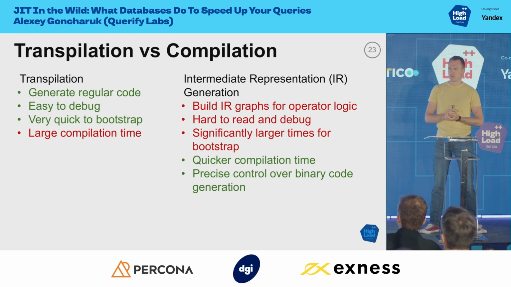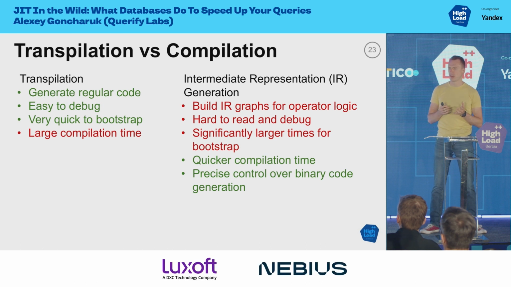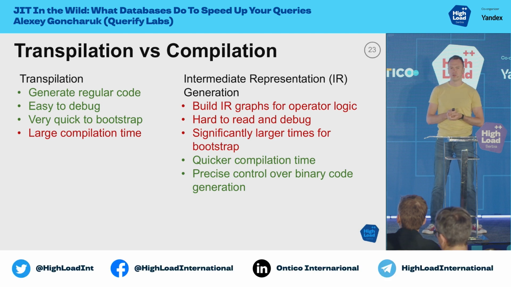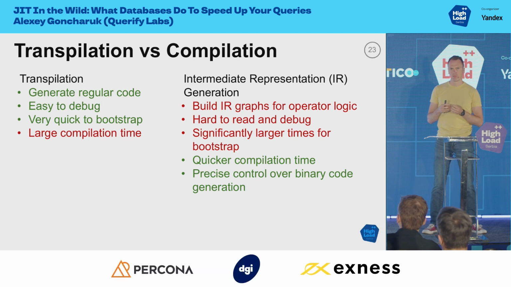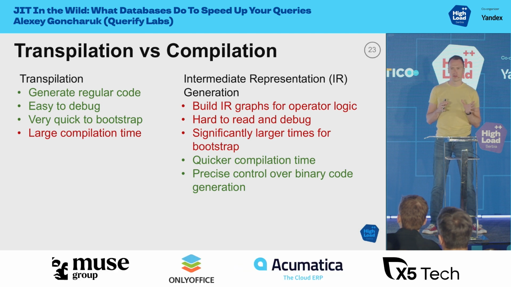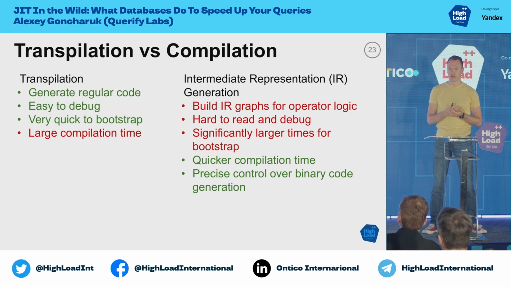In our practice, transpilation is quite easy to bootstrap. It's quite easy to use, because essentially you generate the code from, let's say, a template, and template engines are quite widely used and understandable. Once you generate the code, you invoke a regular compiler, and it will take care of everything, all the optimization stages and the warnings, and it will spill out the runnable code that you can plug into a system.